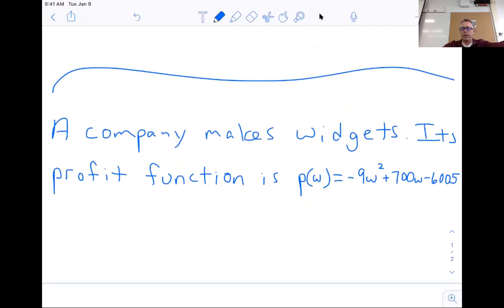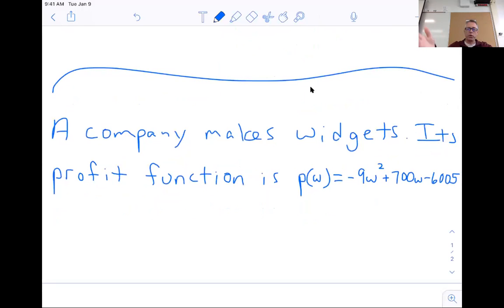Now, I'm not going to give any leading questions. I just want to graph this and then talk about what different points on the graph mean for this particular function. Okay, again, this is its profit function, and it's showing how much profit you make dependent upon how many widgets you produce.